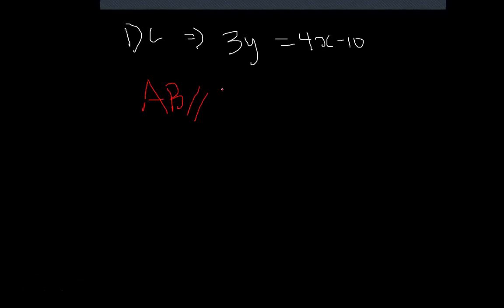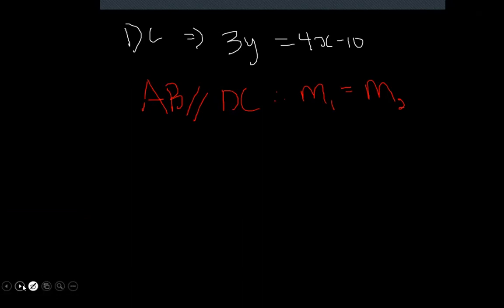They told me that the equation of the line DC is 3y equals 4x minus 10, and we're trying to find the equation of AB. They told us that AB is parallel to DC. Therefore, the gradient of AB, M1, is equal to the gradient of DC, M2.